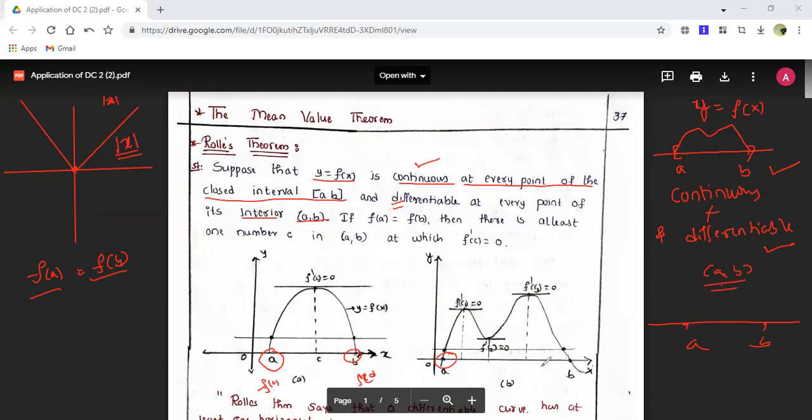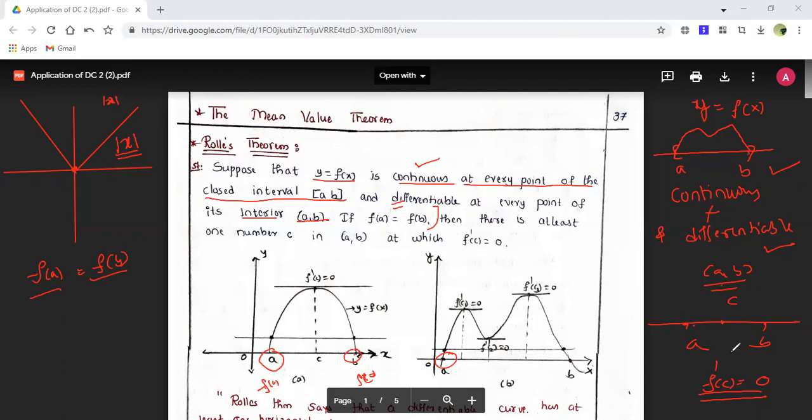If all these conditions hold, then there is at least one number C in between this interval AB such that the derivative at that point C is equal to 0. This is the theoretical meaning.